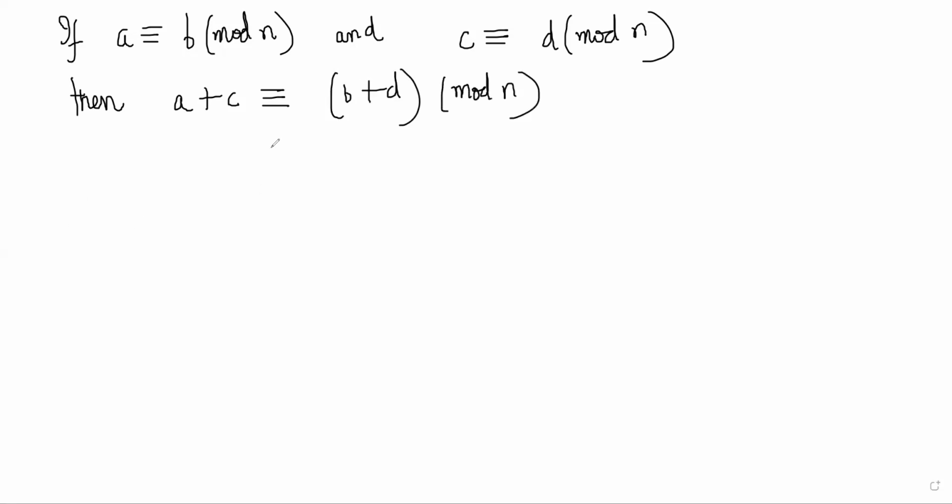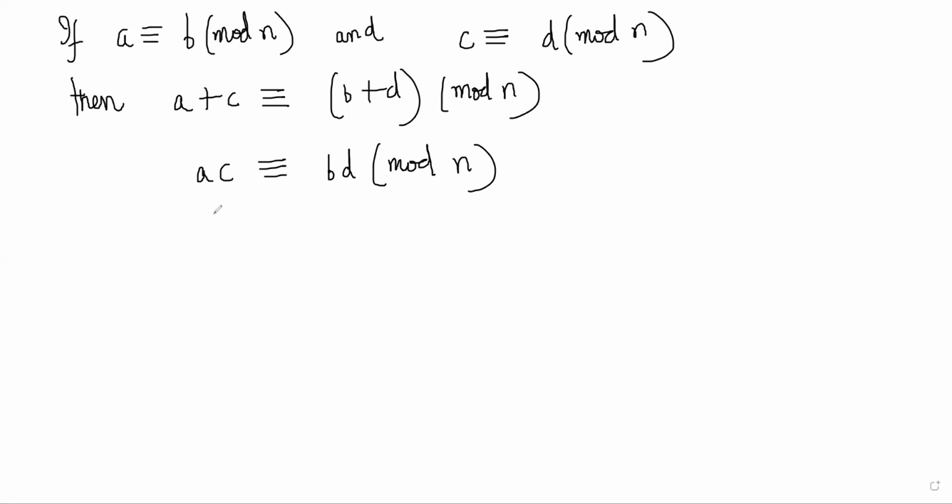And we can also prove that ac is congruent to bd mod n. So under congruence modulo n, the addition and multiplication operations are preserved. So you can add and multiply congruent numbers as long as they are congruent to each other in a regular way, right?